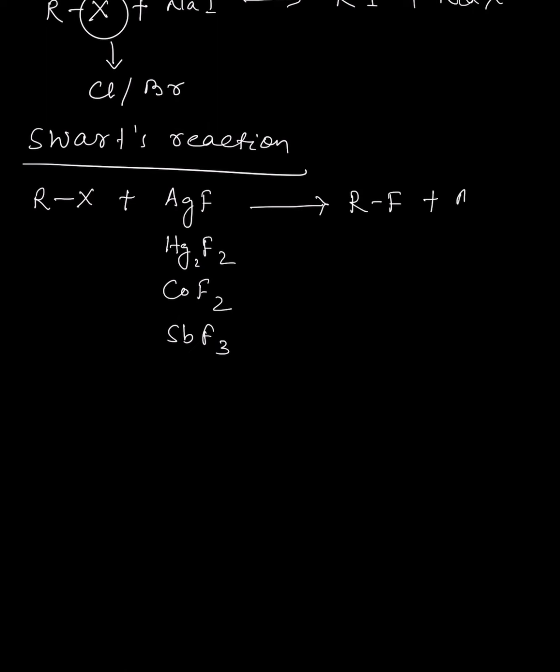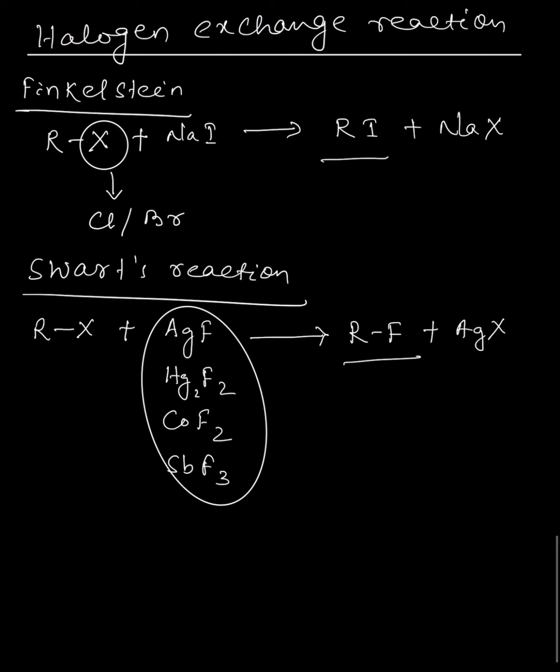Here X can be chlorine or bromine. So these are special reactions for the preparation of the highly reactive element fluorine and the least reactive element iodine.